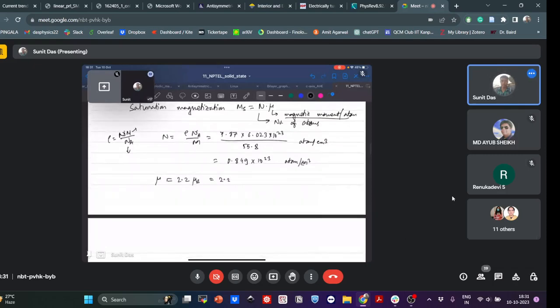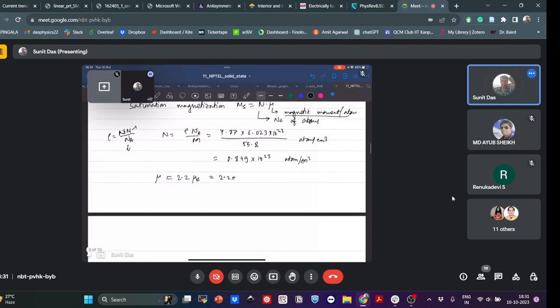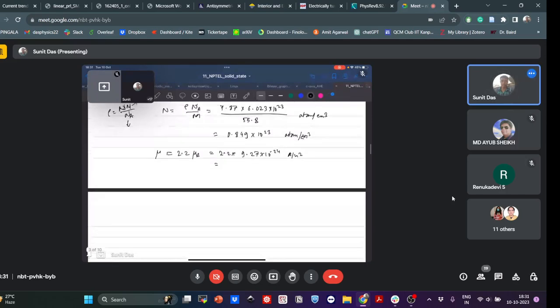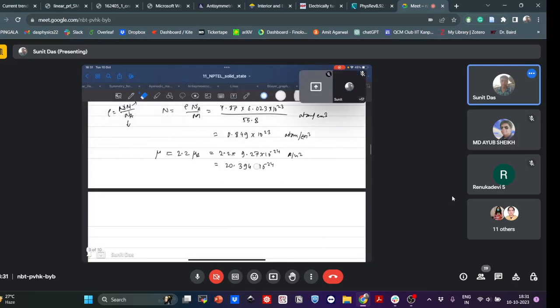If we convert 2.2 mu b into SI units, it will be 9.27 into 10 to the power minus 24 ampere per meter square.